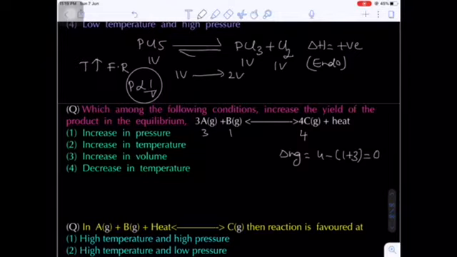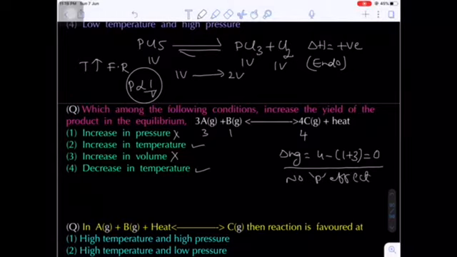Increase in pressure is an incorrect option. The third option, volume, is also incorrect. Only two options remain, the second and fourth, because the first and fourth pressure options are invalid. Once there is no pressure effect, there is no volume effect either, because delta Ng is 0.